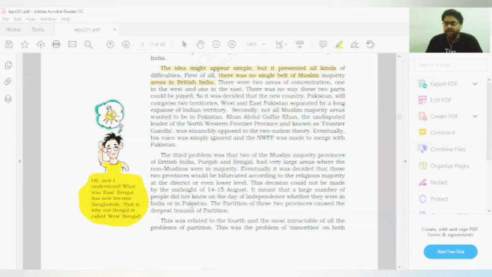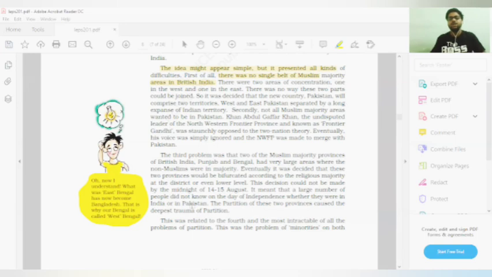Now, what was India? If we go with Jinnah's idea of the two-nation theory, Pakistan for Muslims and Hindustan or India for Hindus, we would call ourselves a Hindu nation, right? No. India did not accept itself as a Hindu nation. India accepted itself as a secular nation, which constituted all the religions, even the atheists as well.